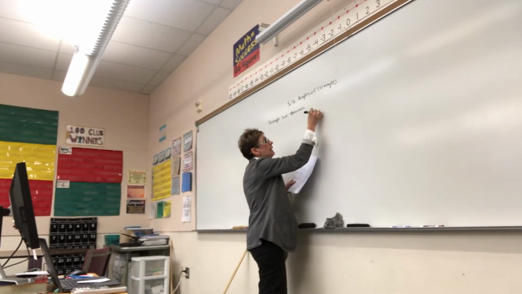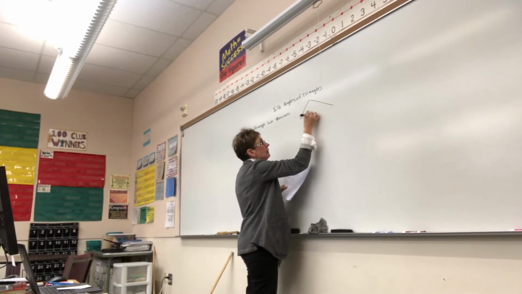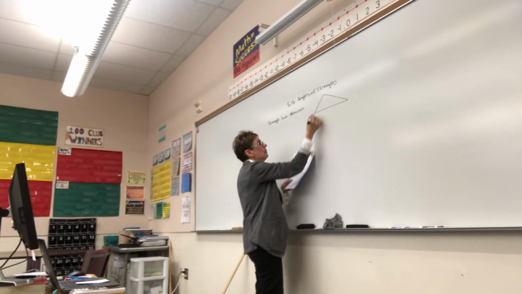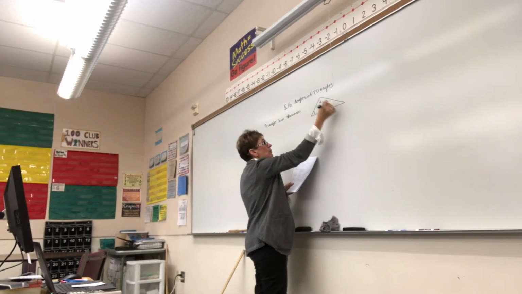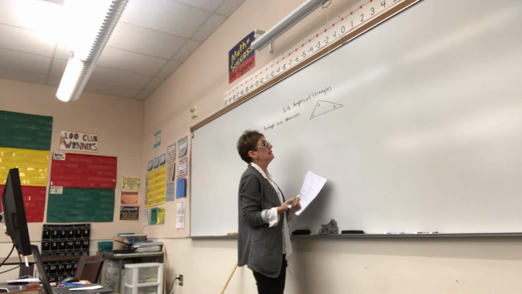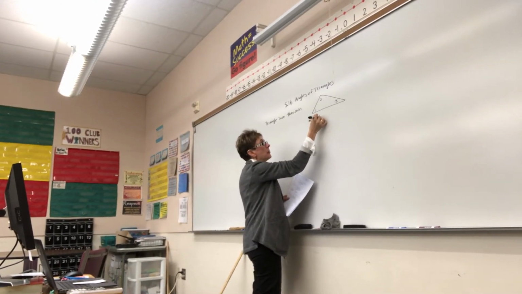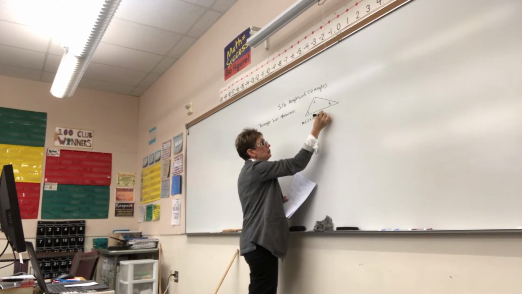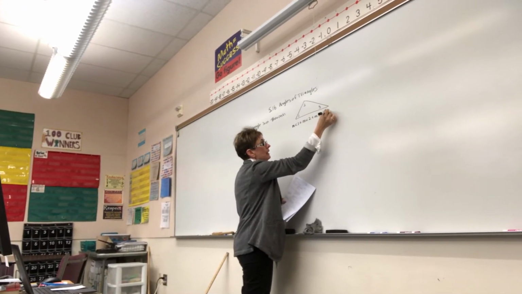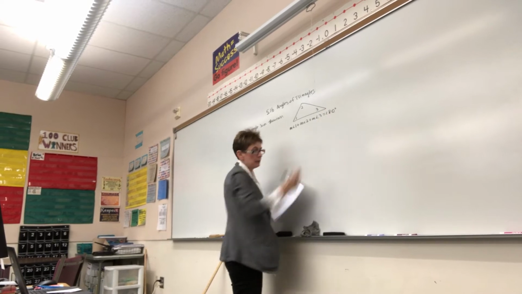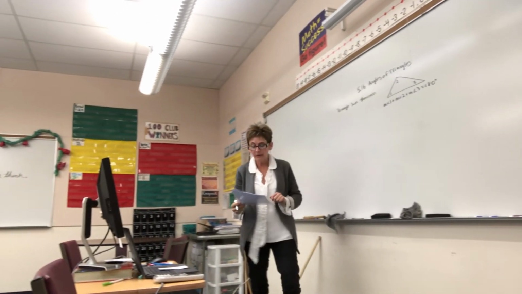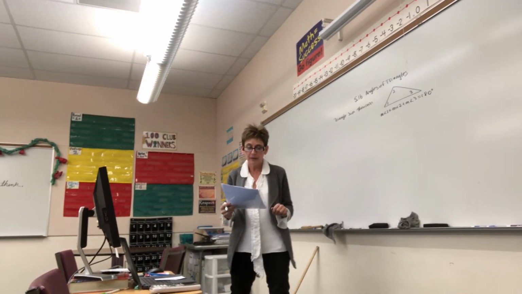So we're going to draw a picture of a triangle, and let's just label the inside angles 1, 2, and 3 to make it easy. All this means is that the measure of angle 1 plus the measure of angle 2 plus the measure of angle 3 is 180 degrees. That's it, but super important fact to know. So that's the triangle sum theorem.